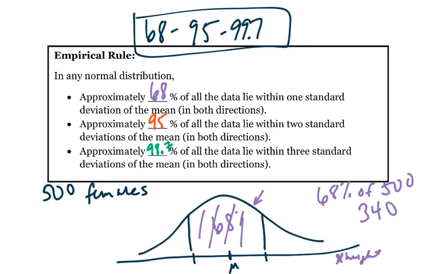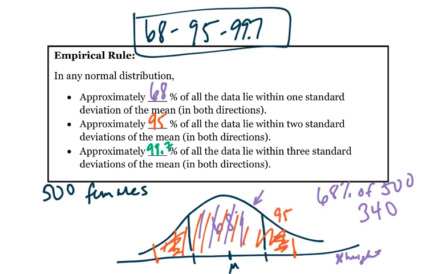Okay, now based on the empirical rule, for the second part of the question, how many of the females have heights within 2 standard deviations of the mean? So that's 2 standard deviations. We know that that is representing 95%. Remember, this 68% is included in that, but we have the extras over on the left side and on the right side.